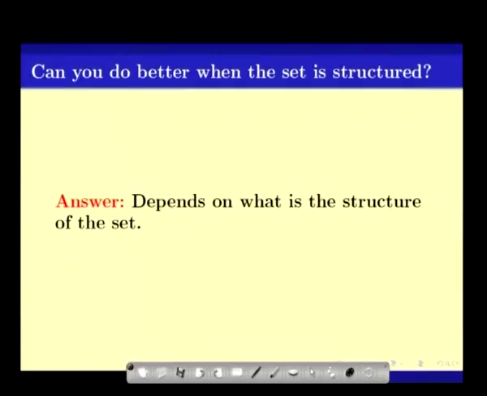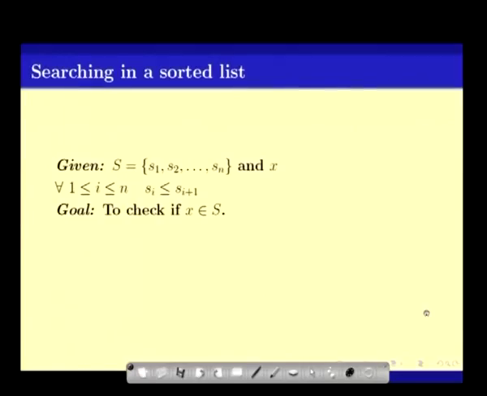It is a natural understanding of this real life situation. But when this data set is structured in a particular way, then we might be able to do something better, and that is what happens when we look at a sorted list.